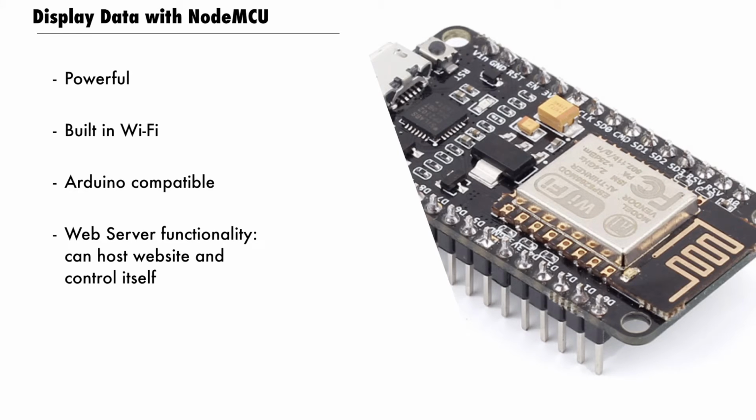So in case, for example, you build a smart desk lamp, this device can firstly switch the desk lamp, switch the electronics on it, but at the same time it can host a website. So from your phone you can connect to your lamp, see the details of the lamp, control it, create really nice HTML and CSS buttons. So for only $2-3 you get what you can do with an Arduino, but at the same time you can serve a website, a control panel.